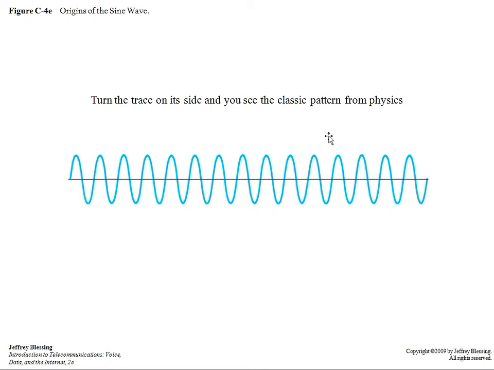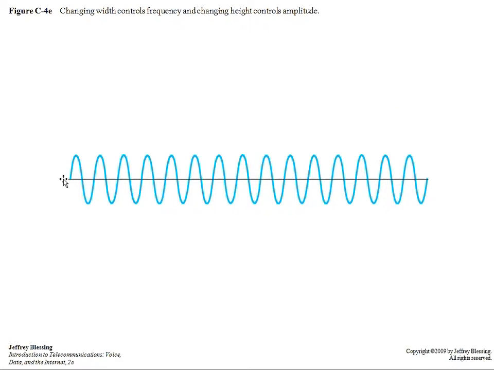We turn it on its side, starting it at 0, and talk about the properties of a sinusoid. It has both amplitude, which is the height of the wave, and a frequency, which is the number of complete waveforms we see in one fixed unit of time, like 1 second.